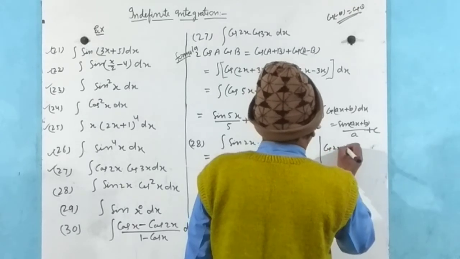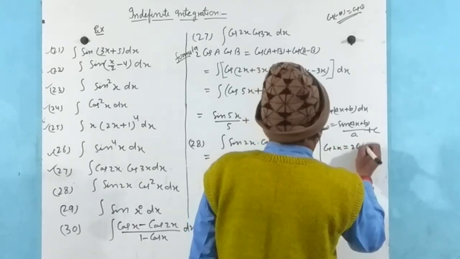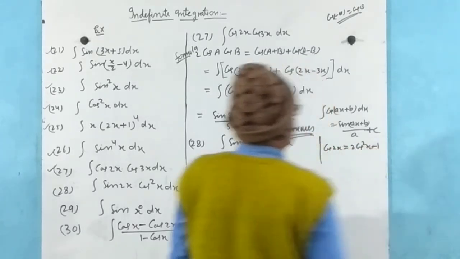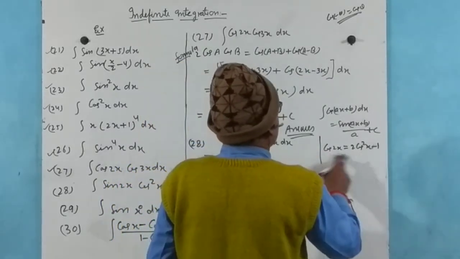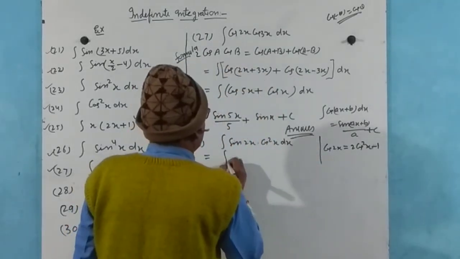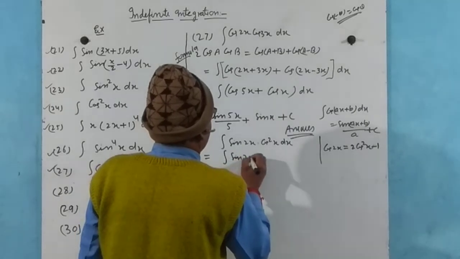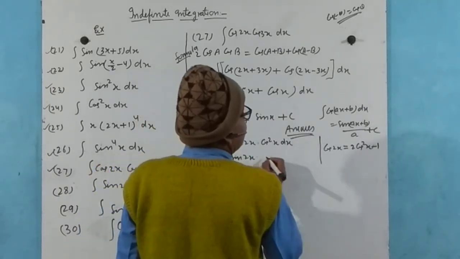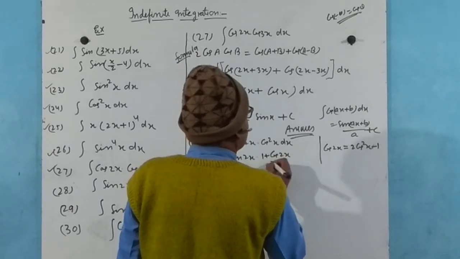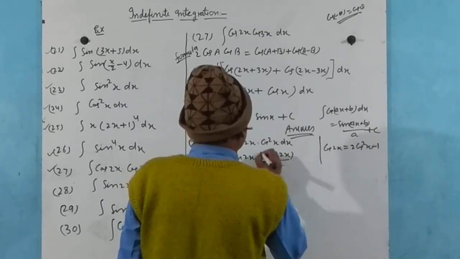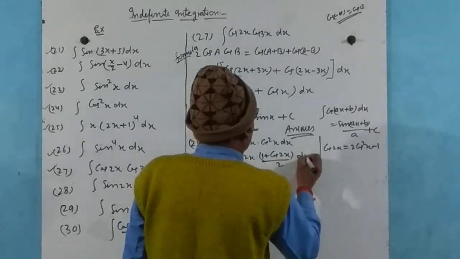We know cos 2x equals 2 cos square x minus 1, so cos square x equals 1 plus cos 2x divided by 2. The integration of sin 2x into 1 plus cos 2x divided by 2 dx.